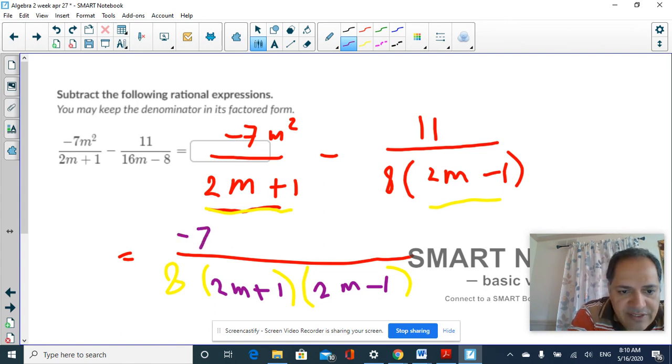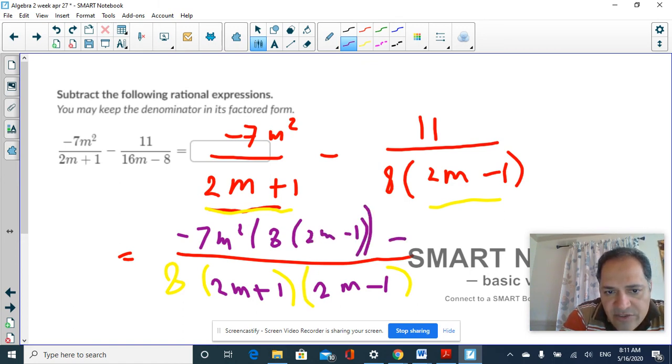So negative 7m squared times 8 times what? 2m minus 1. Yes. And the second part is negative 11 multiplied by 2m plus 1.